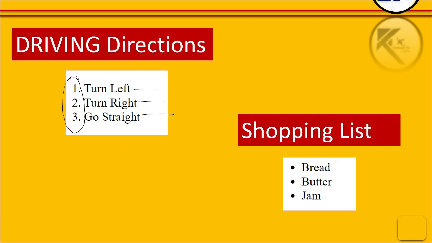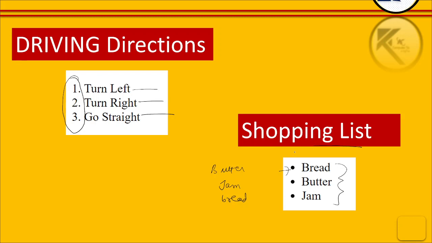But here you are preparing some shopping list on your web page, where I could have written butter and then jam and bread at third position. Here bread was at first position. So no matter in whatever sequence you write this information, the position of the item within the list doesn't affect the meaning of the list.